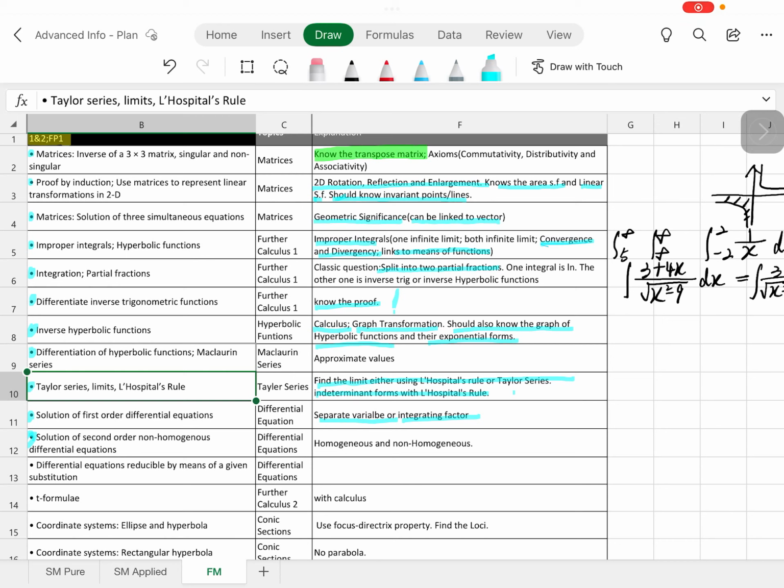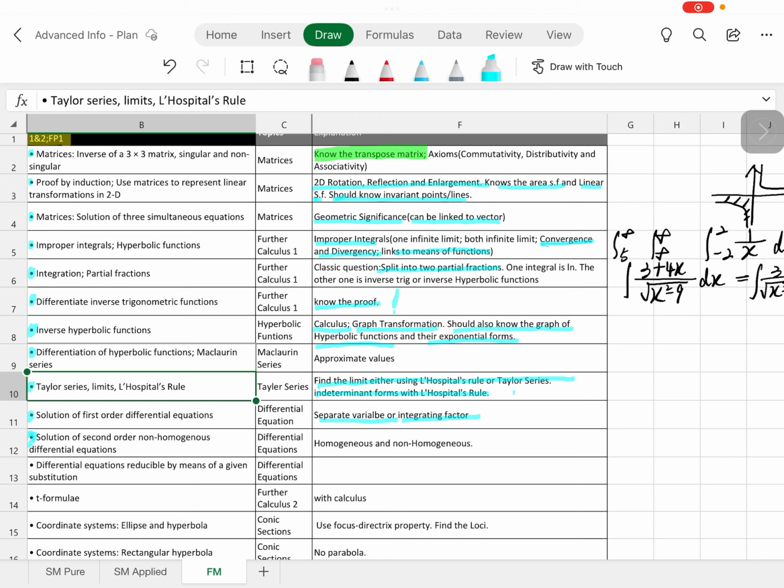You need to know that when the particular integral is in the same form as the solution of the complementary function, then you need to raise the power of x. Okay, so if before it's just x, then you need to use x squared.